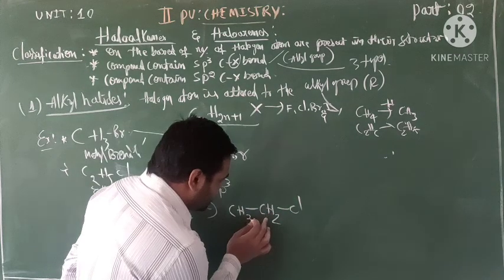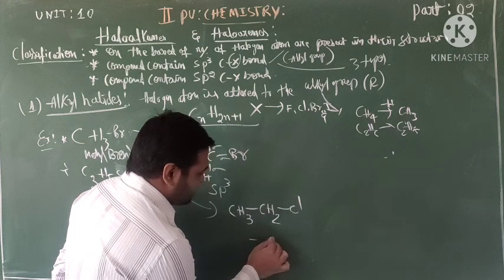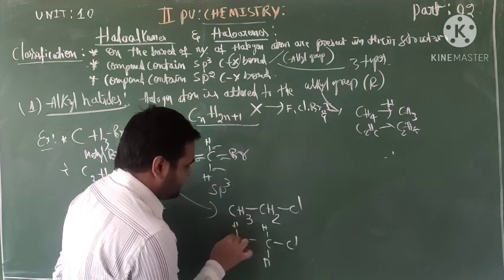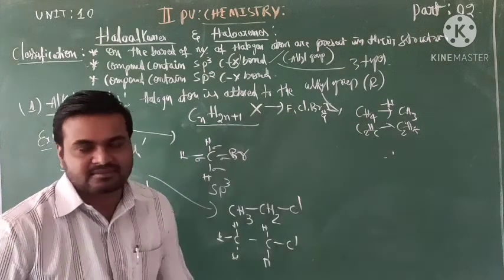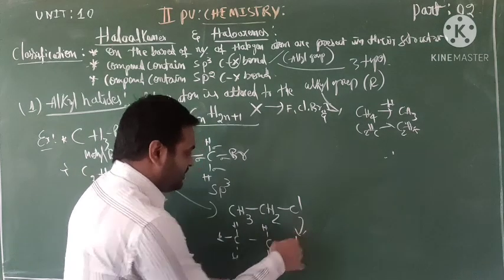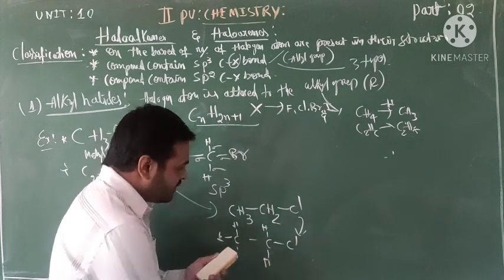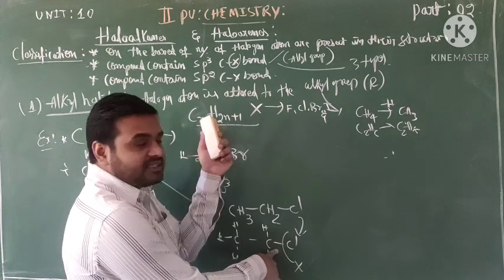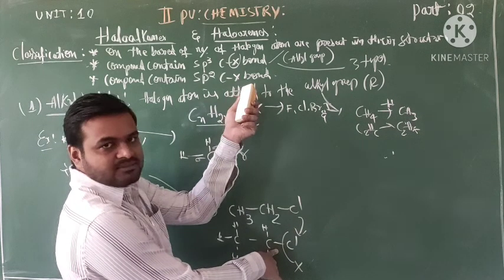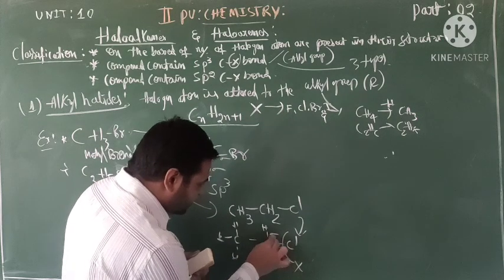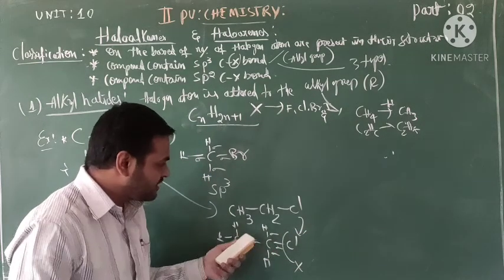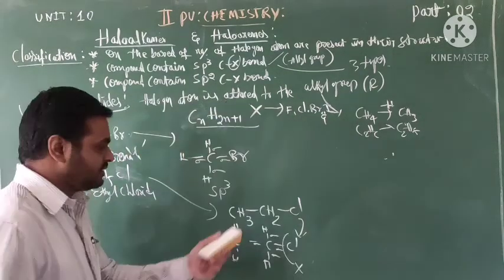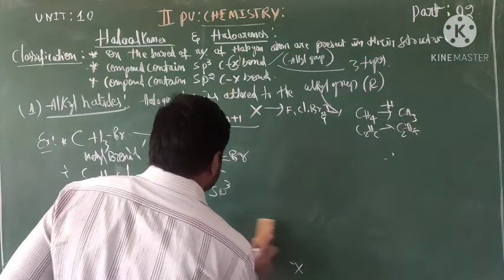You can also write it like this. Here the halogen is attached to an sp3 carbon atom. There are 4 sigma bonds, so it is an sp3 hybridized carbon atom. Clear?